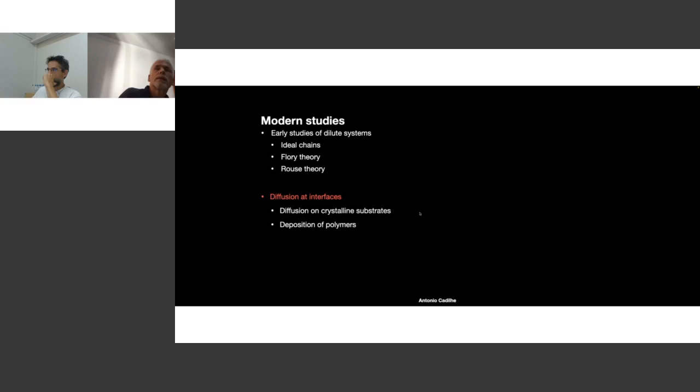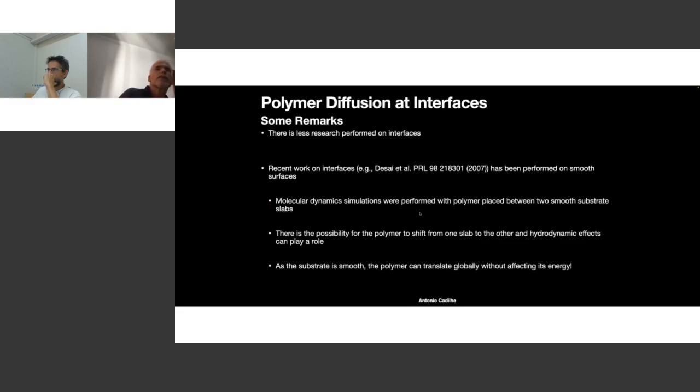We are studying this type of problem because people have been studying polymers for some decades, and simulations have included, for example, smooth substrates.